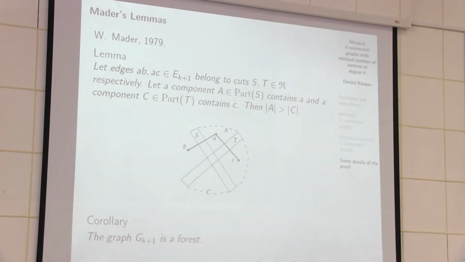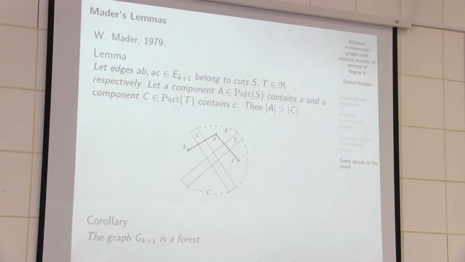Let A be a component of the graph G minus S that contains B, and C be a component of the graph G minus T that contains C. Then A is greater than C. So this component is greater than this one.